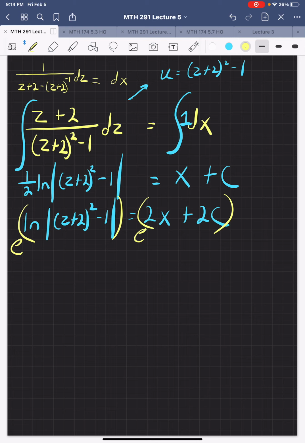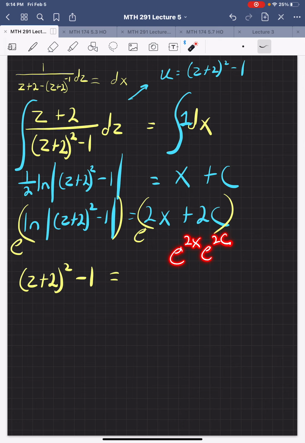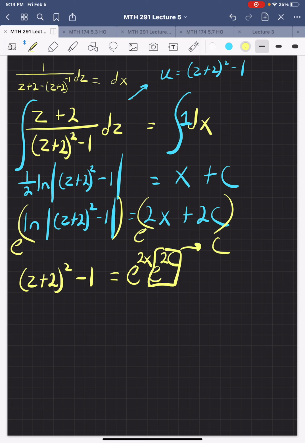That just leaves me with z plus 2 squared minus 1 is equal to, just like I've said many times, e to the 2x times e to the 2c, and e to the 2c is just one big constant for our purposes.